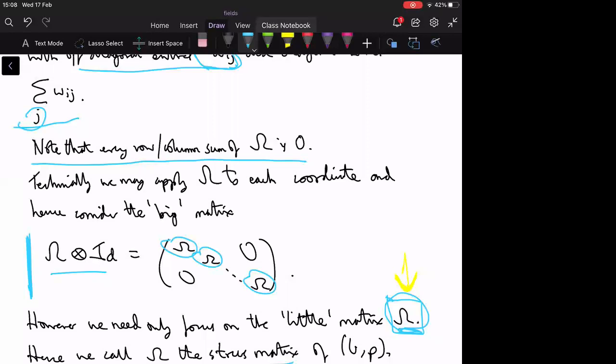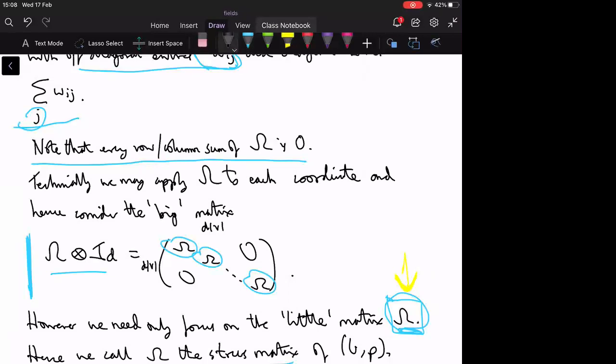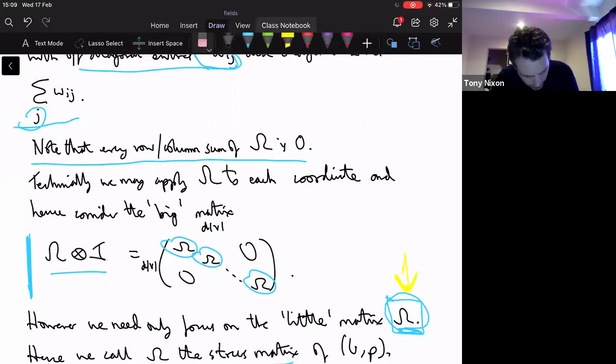But with this omega tensor identity, that's a d by d identity matrix, right? Yes. So this is d mod V and d mod V. It's the size of the vertex identity matrix, and then the column, like if we were going to multiply this. Sorry, you're correcting me here.